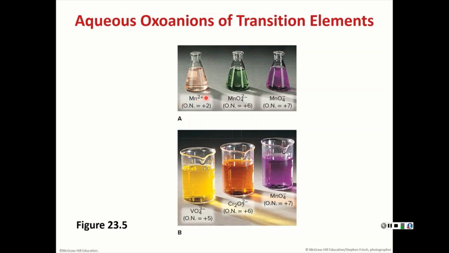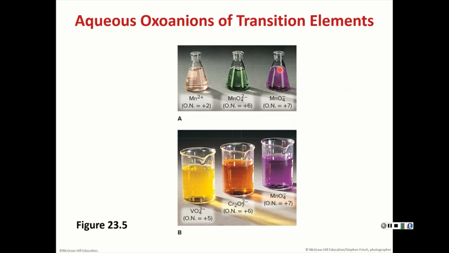Manganese in the +2 oxidation state, when it's not combined with oxygen, gives kind of a pale pink color. But if we look at the +6 oxidation state for MnO4 2-, that color changes drastically to a very dark green. And then for a +7 oxidation state, we're getting this purple.